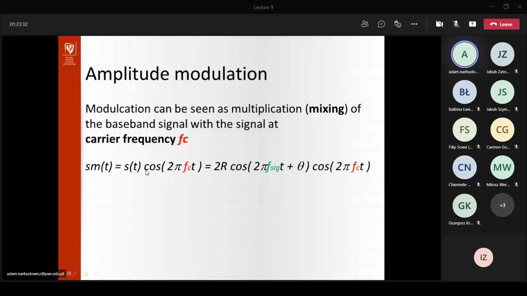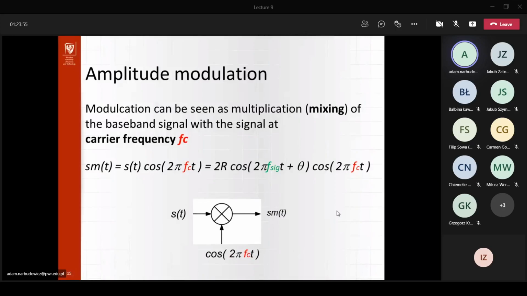We multiply that by our carrier, fc, which is basically the radio signal, the cosine that we are dealing with. So we end up with this component here.